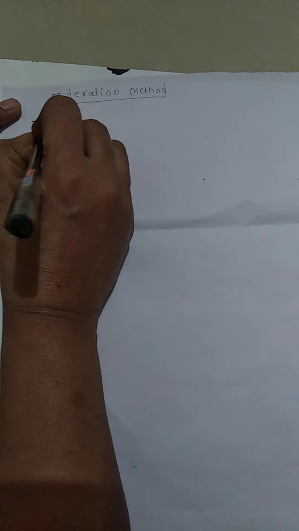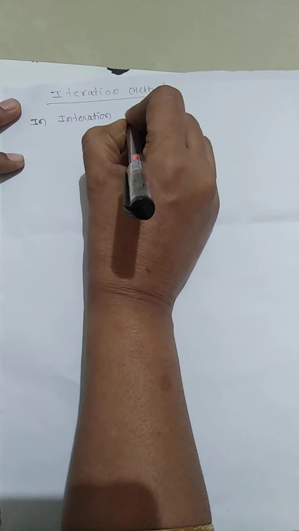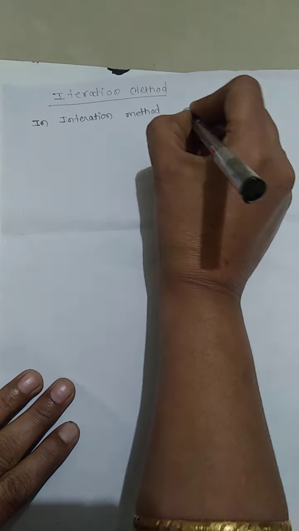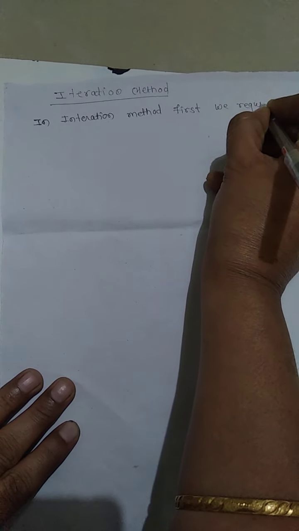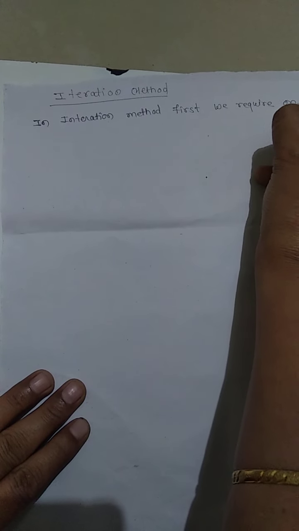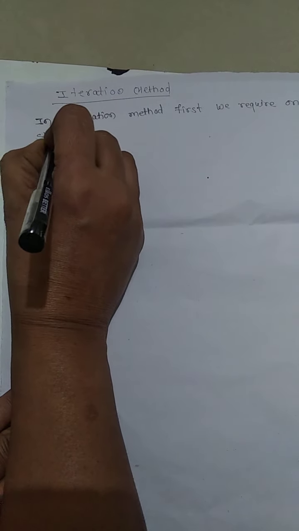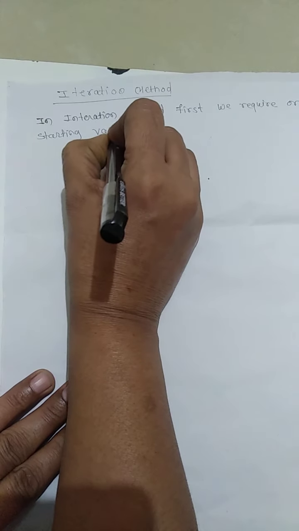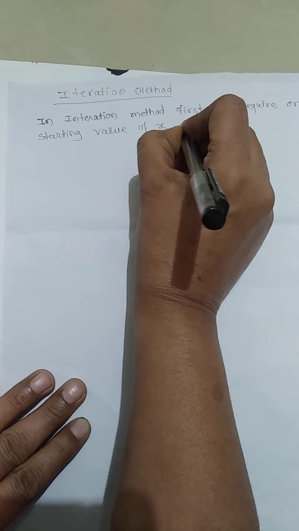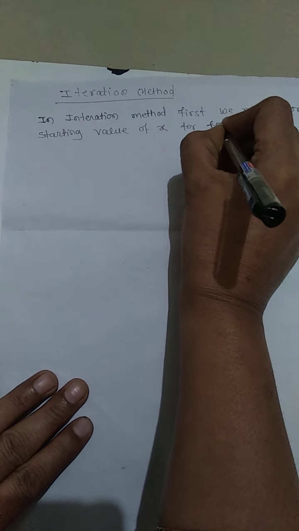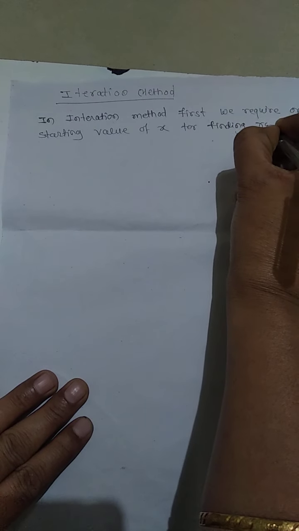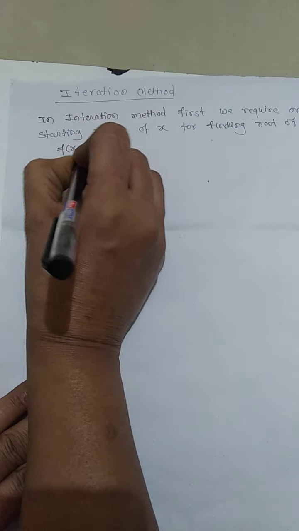In the iteration method, first we require one starting value of x for finding the root of the equation, that is f of x is equal to 0.